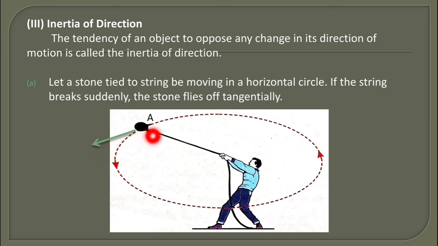That is, it tries to move along the tangent at this particular point, and that's why the stone flies off tangentially. So this particular example is an example of inertia of direction.